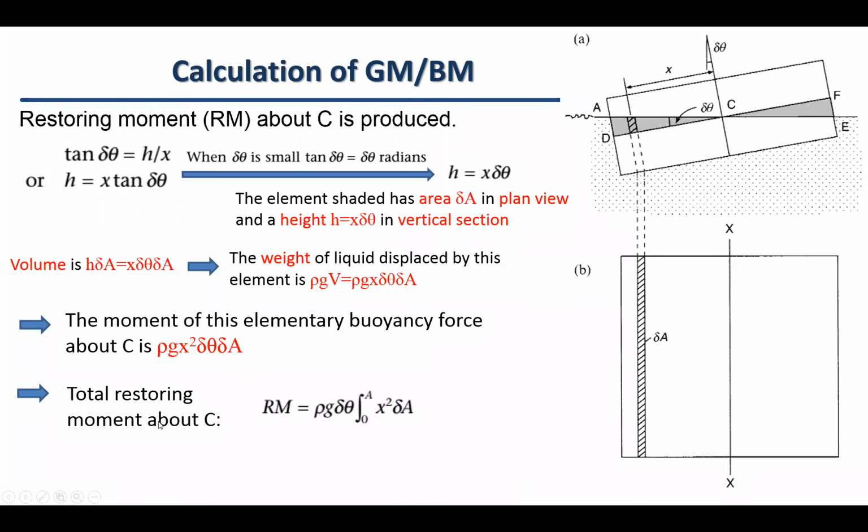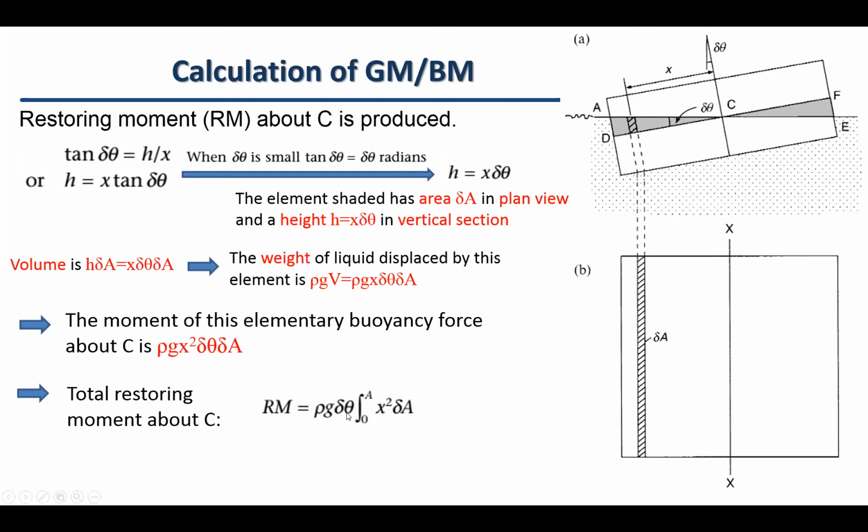And if we take the moment about this point, we have the RM, which is the integral of all this from 0 to A, the whole area. You can take rho g delta theta out of the integral, because there are no variable elements of it inside the integral, and that's fine.